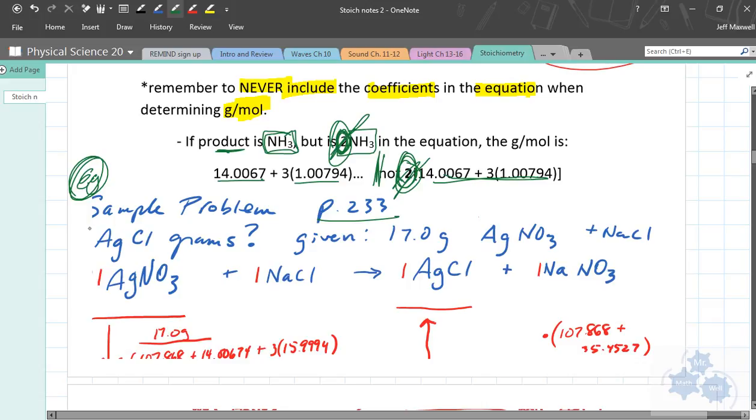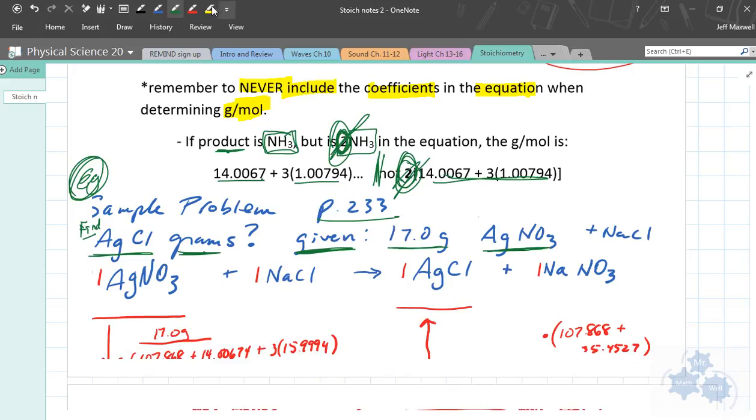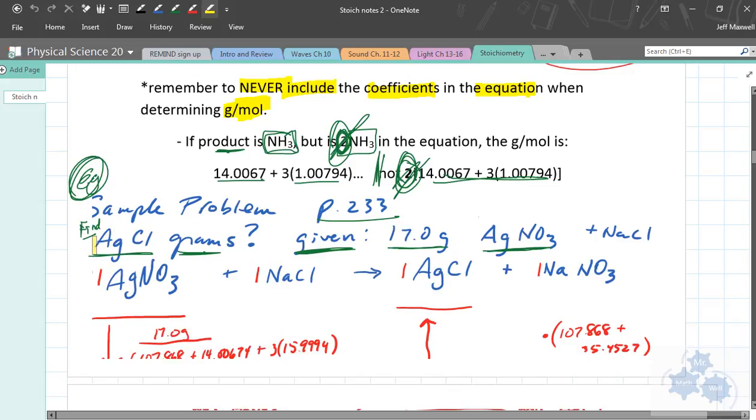Again, I'll have to adjust this, but it says, find the grams of silver chloride. So you can just say, find grams of AgCl, and what you're given. These are just the notes from what the problem would state in the textbook. You're given 17.0 grams of AgNO3, and the question says it is reacting with an excess of NaCl.